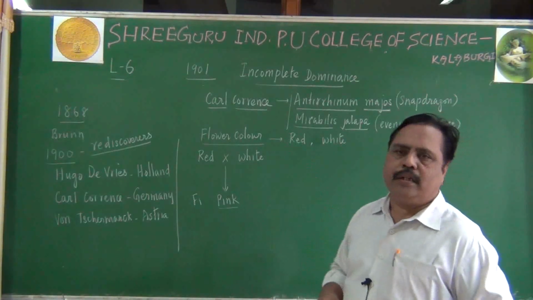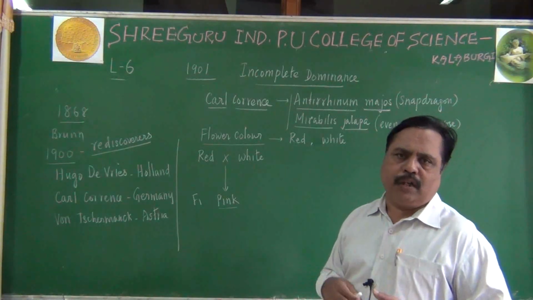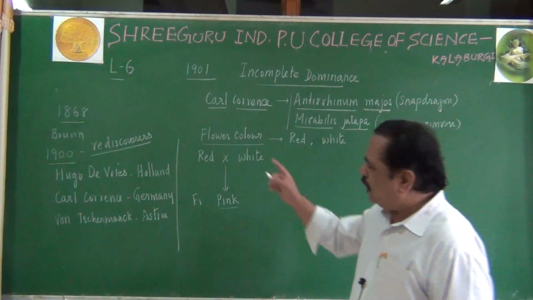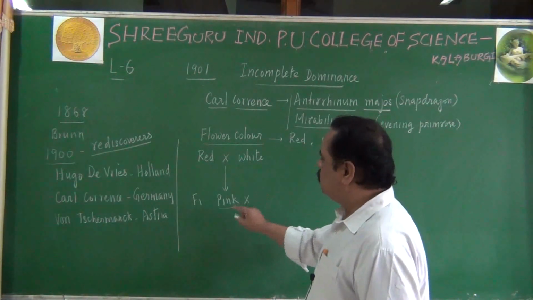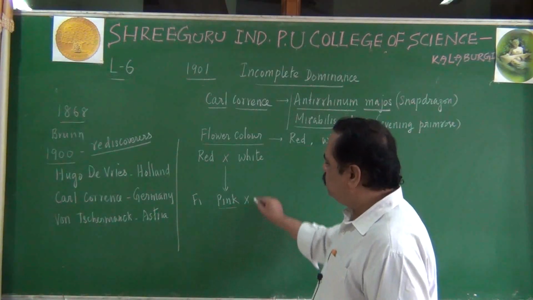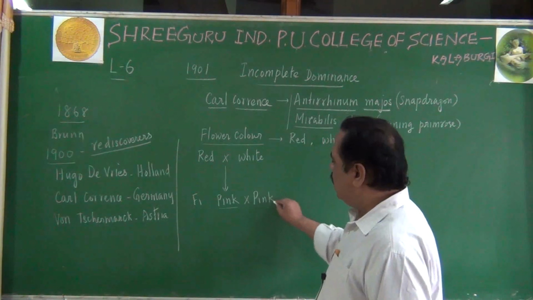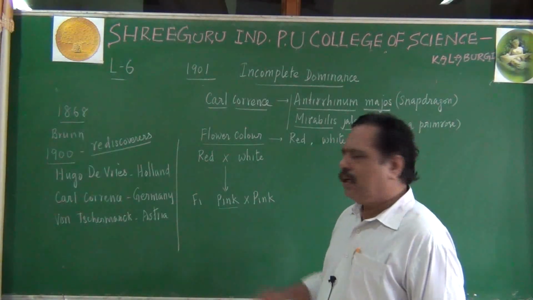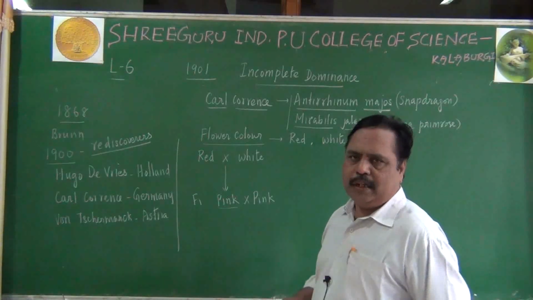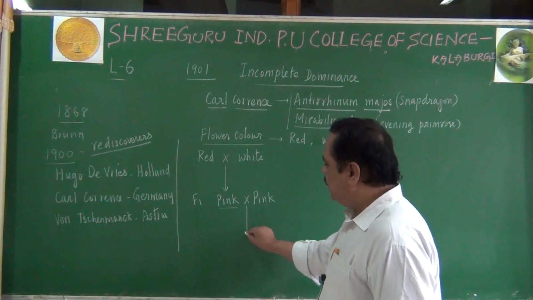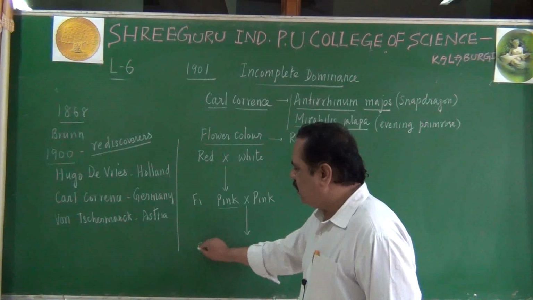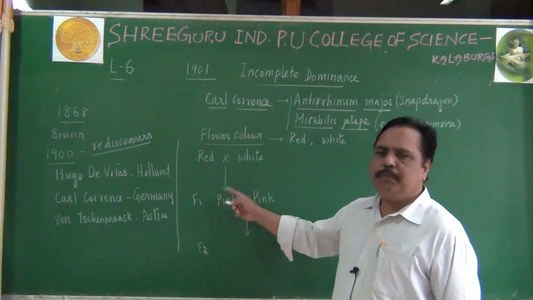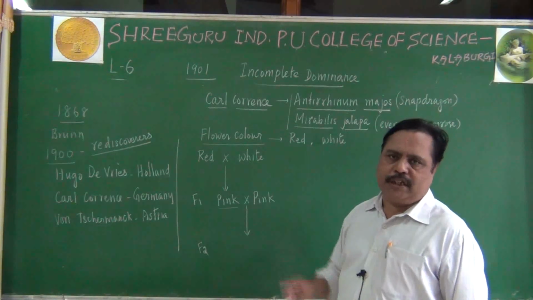Now Correns had a doubt why there is no law of dominance. Then he wanted to go for the F2 generation. As Mendel did, Correns also took two such pink colored individuals and selfed them, or conducted a hybridization cross. When two such pink varieties are crossed for the F2 generation, I am repeating here, the F1 offspring have become the parents for the F2 generation.